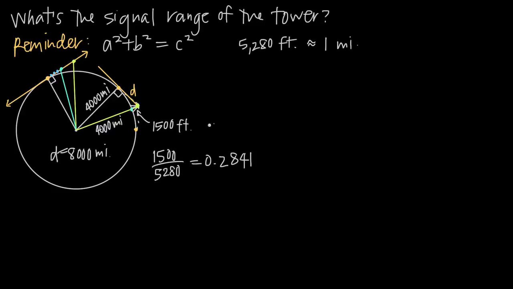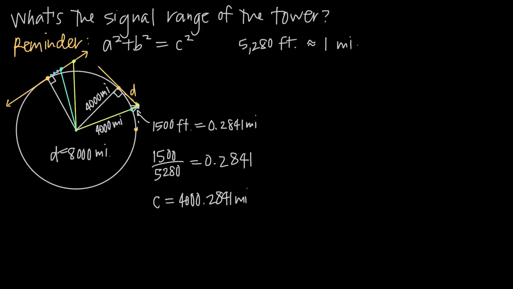So 1,500 feet is approximately 0.2841 miles. The total hypotenuse here, which we can call C, is going to be equal to 4,000 miles plus 0.2841 miles, or 4,000.2841 miles approximately, the distance between the center of the Earth and the top of the cell tower.